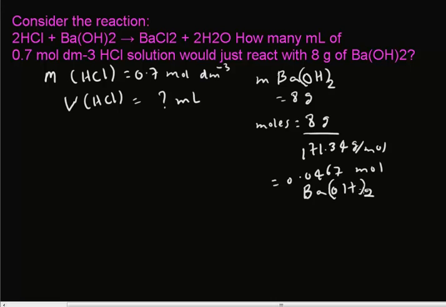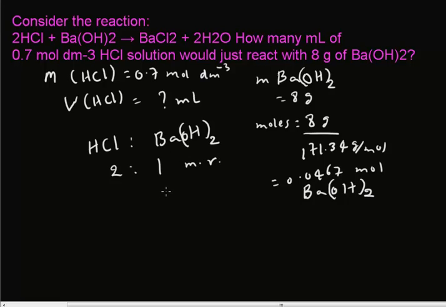Now, if you know the moles of barium hydroxide, you can determine the moles of hydrochloric acid, because the mole ratio of HCl to barium hydroxide is, according to the equation, 2:1. That is the mole ratio.